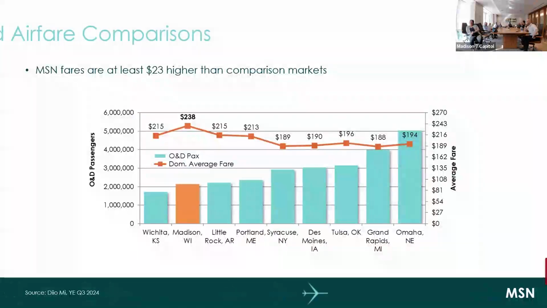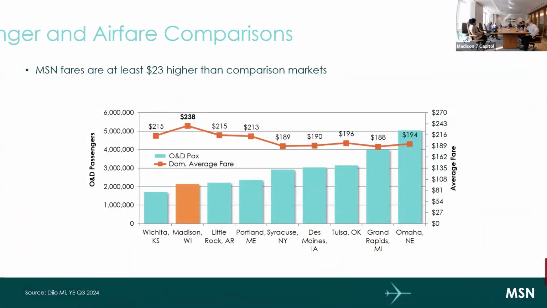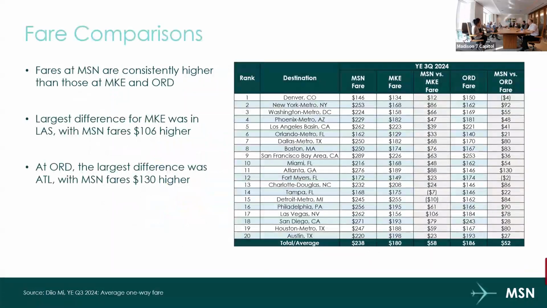Can I ask a question on that? Sure. Maybe you'll get to this, but do you know how much of that is driven by the airline mix serving Madison versus, say, Milwaukee, where you mentioned some of the service reductions at Spirit and JetBlue, or maybe some other budget carriers, low cost carriers, no frills, that sort of thing?